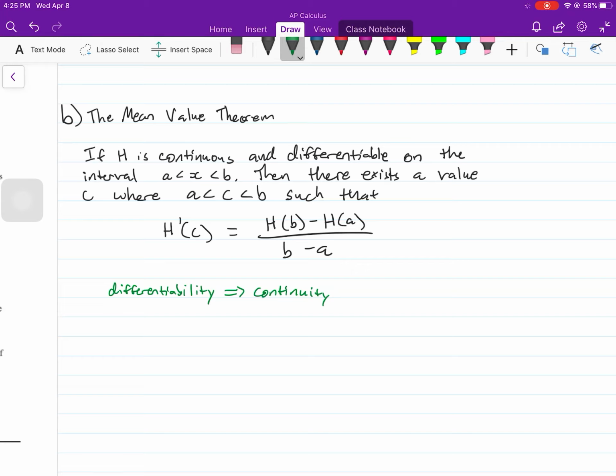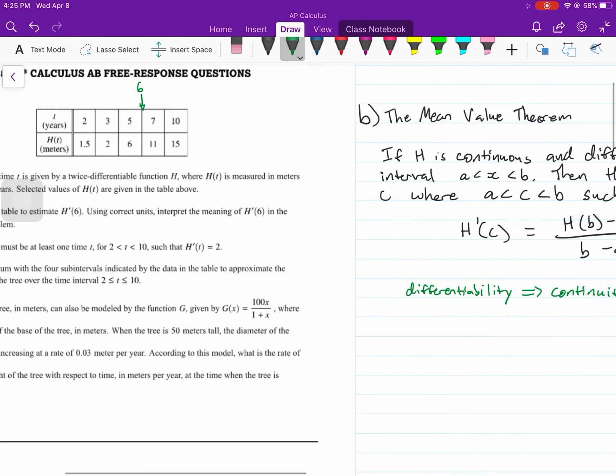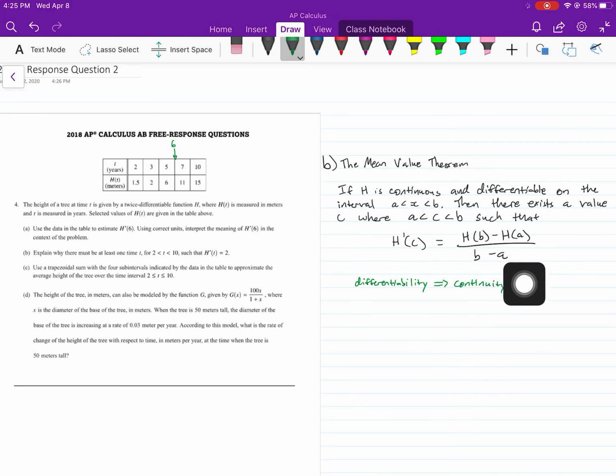So by the fact that it says it's differentiable, it meets those first two conditions. Is that important? Yes, because you can't use the mean value theorem otherwise. All we have here is a table, so we really can't assume that this formula is going to work on this table without knowing that it's differentiable, which means that it's also continuous.